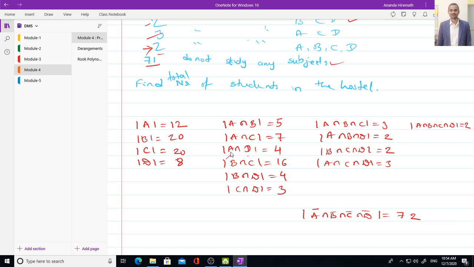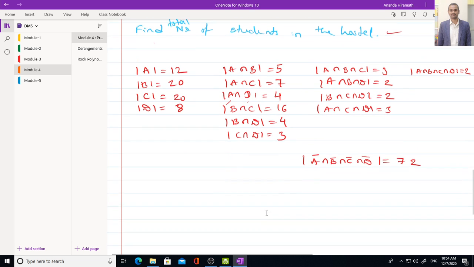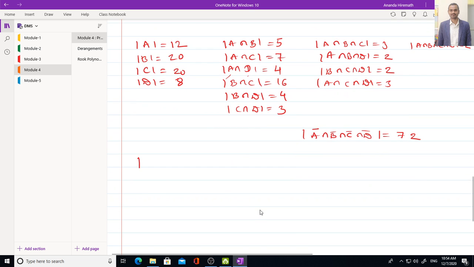That is, these many students, they do not study any of these subjects. Now we can make use of inclusion exclusion principle to solve this problem. The question is find total number of students in the hostel. So you are asked to find out cardinality of S in that formula.